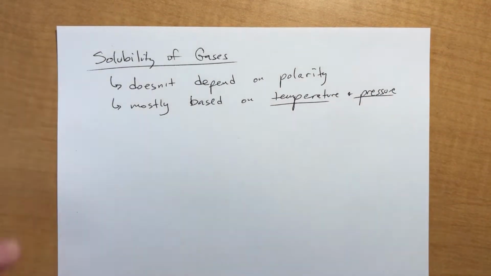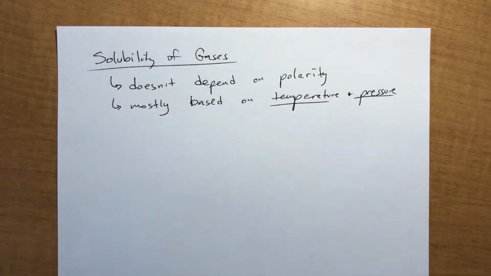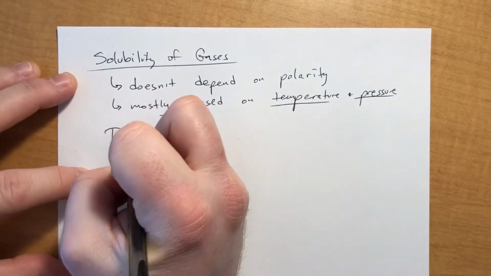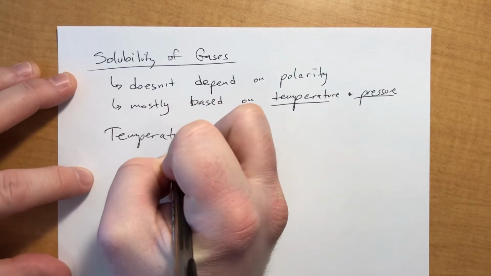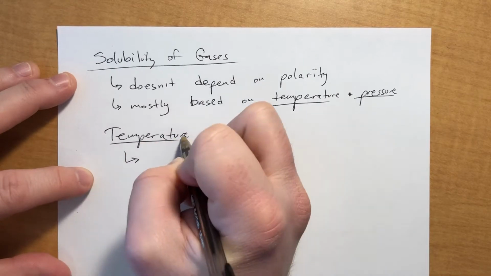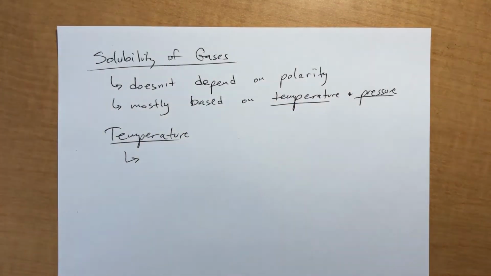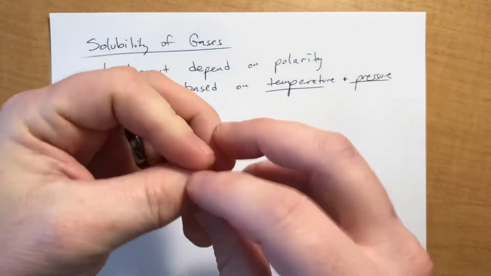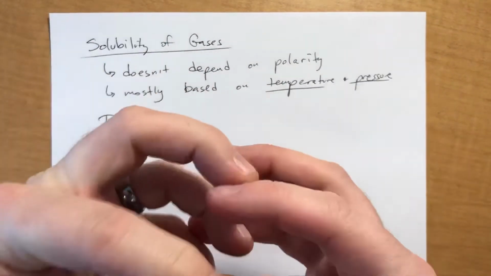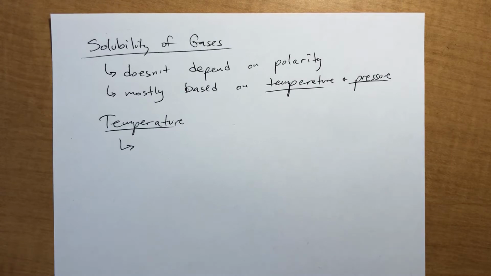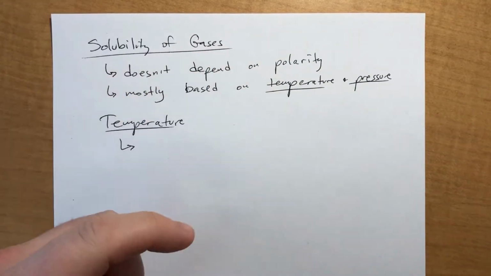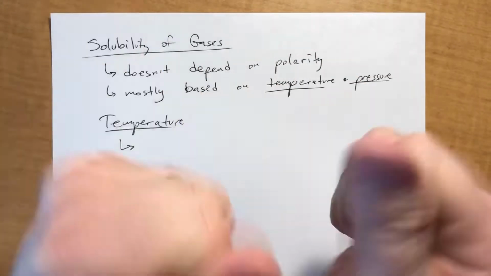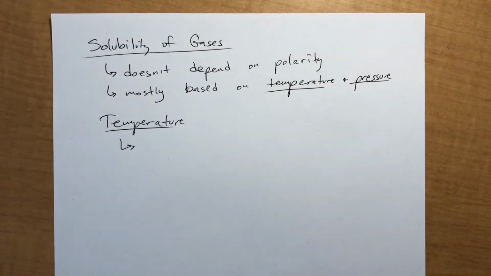Okay, so we need to talk about each of them separately. Okay, so temperature, the idea is, we said that with solids, the higher the temperature, the more likely you are to overcome the intermolecular forces and dissolve everything. Great, makes perfect sense. With gases, the problem is high temperatures is what allows them to escape the intermolecular forces.